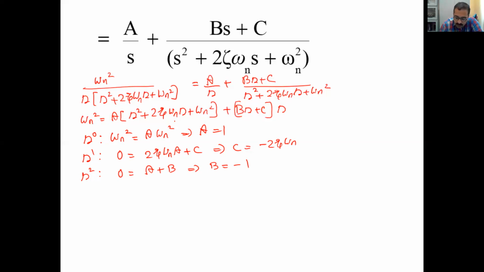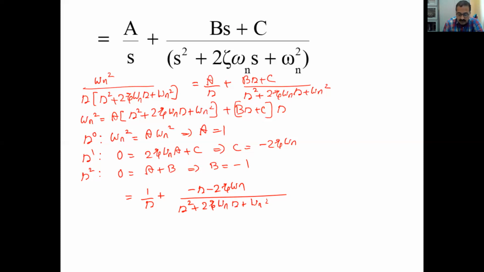So I can write this as 1 by s, where A is 1, plus B s plus C, where B is minus 1 and C is minus 2 zeta omega n, whole divided by s square plus 2 zeta omega n s plus omega n square.